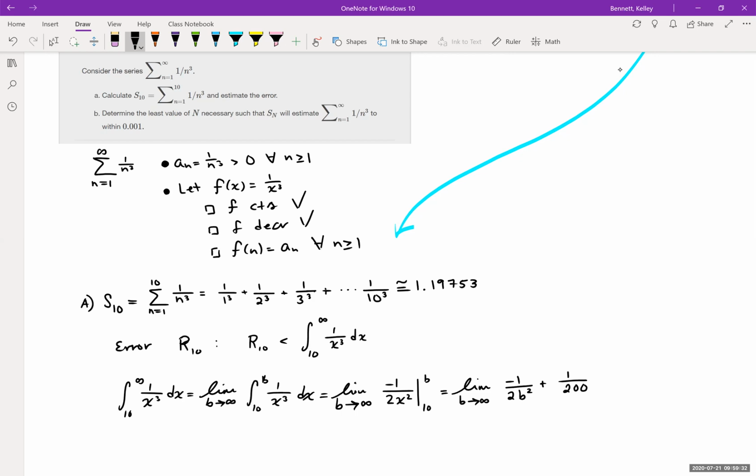As b goes to infinity, this will be 0. And so what we're left with is 1 over 200, which is equal to 0.005.